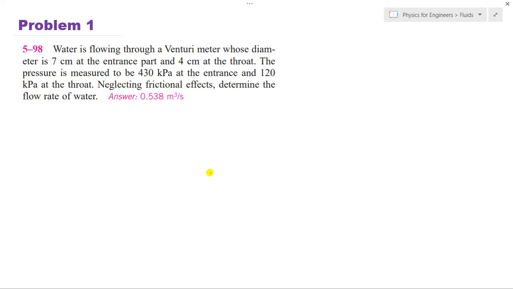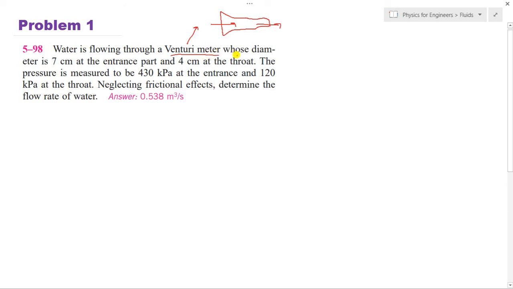So here it is stated that water is flowing through a Venturi meter. Ang Venturi meter, class, this is just a pipe nga naa siyay dako nga diameter, mo gamay na pud. Mo in and mo out. Kaning Venturi meter is used to measure flow rate, pressure, and even velocity of a flowing fluid.